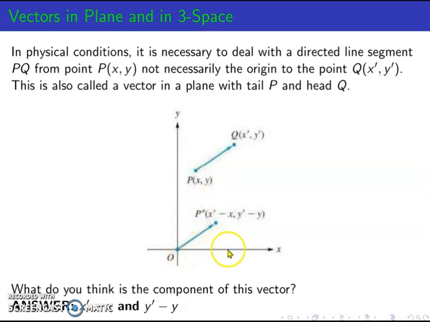You remove this, and what remains is the component. The y component is of course this one. From here to here is y, and from here to this point is y prime. If you cut this, what remains is y prime minus y, right?